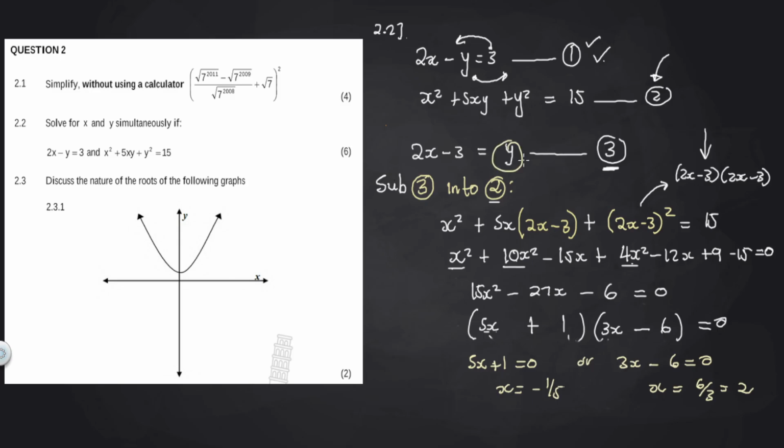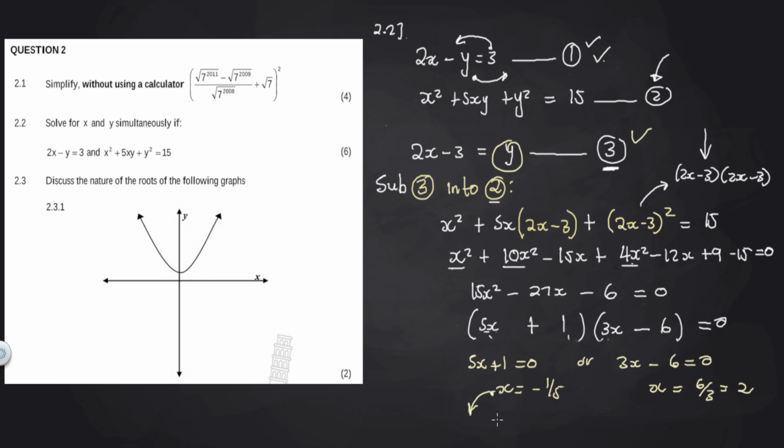I need to calculate my y values using the third equation. So I'm gonna take this x, substitute into the third equation, and work out y. 2, minus 1 over 5, minus 3.